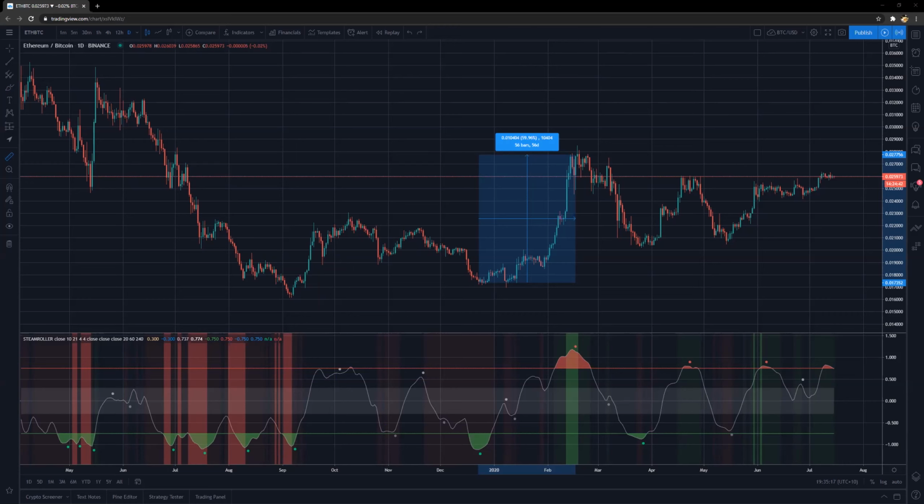So if you're in a position around this area here, we've got some confluence with Steamroller. Where do we exit? We know that Steamroller is ascending, and we're not seeing any form of pullbacks as of yet on this move here, Ty. So what we're looking for is Steamroller to enter the overbought condition.